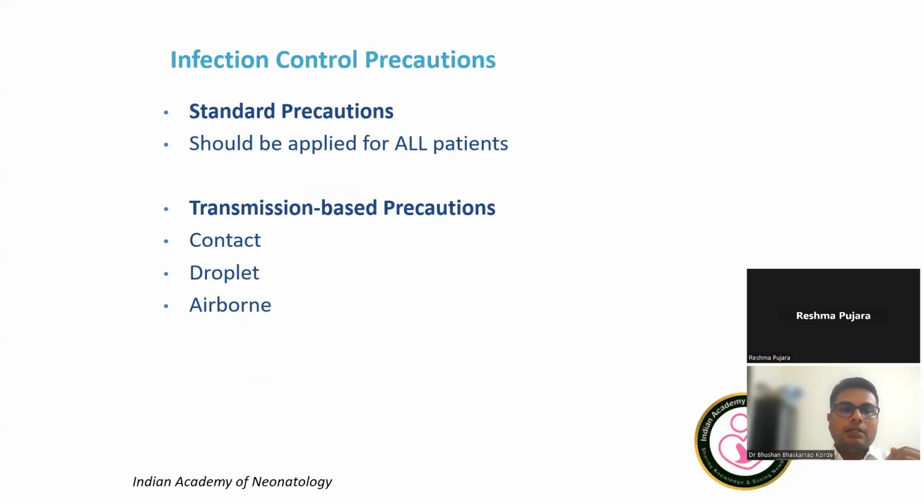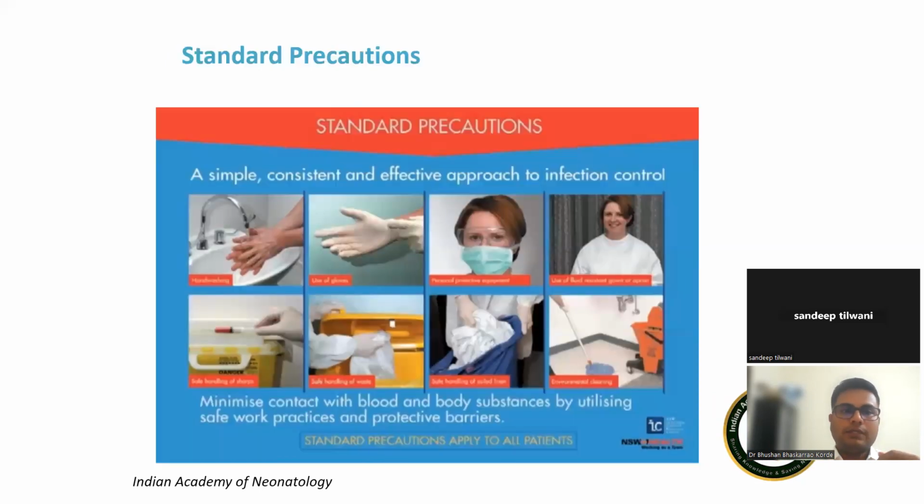In infection control precautions, there are standard precautions and transmission-based precautions. Standard precautions are applied to all patients admitted in the NICU. Transmission-based precautions are for contact, droplet, or airborne infection. In standard precautions, you can see there are simple, consistent, and effective approaches to control infections.